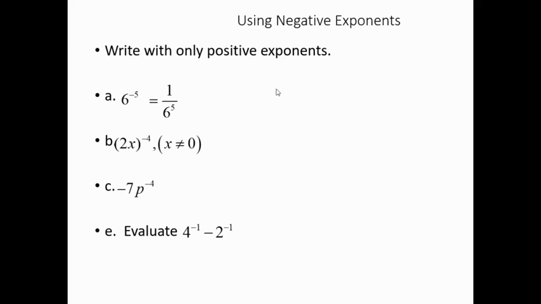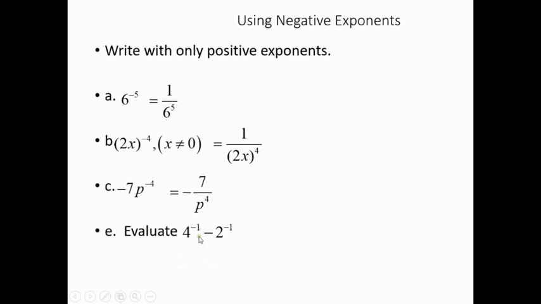And b, which is 2x to the negative fourth, would be 1 over 2x to the fourth. And c, it's the same deal, only we have a coefficient negative 7. That remains the same, but we move the p to the negative fourth to the opposite side of the fraction bar.